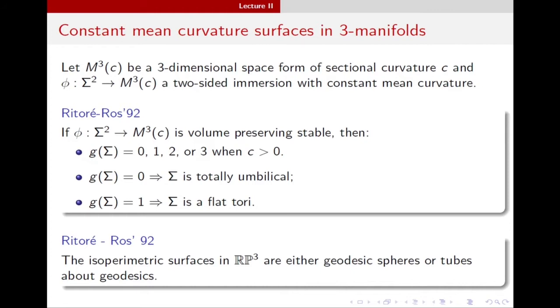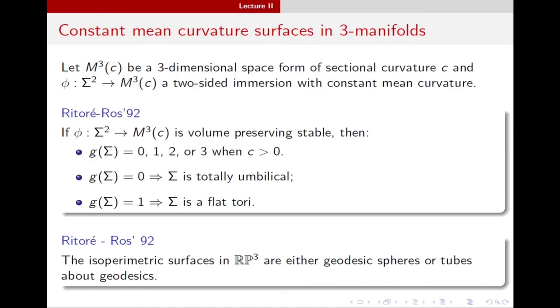Here sigma 2 will be a compact Riemann surface that will correspond to a two-sided immersed surface inside a space form M3C. C here denotes the sectional curvature of our space form. So it can be either 0, 1, or minus 1.